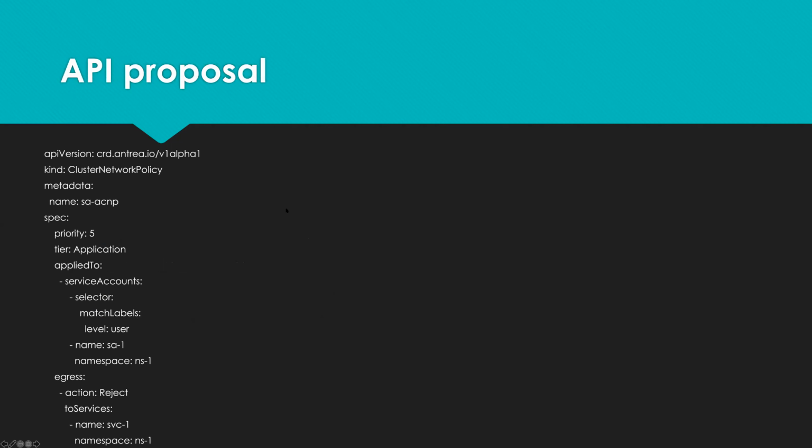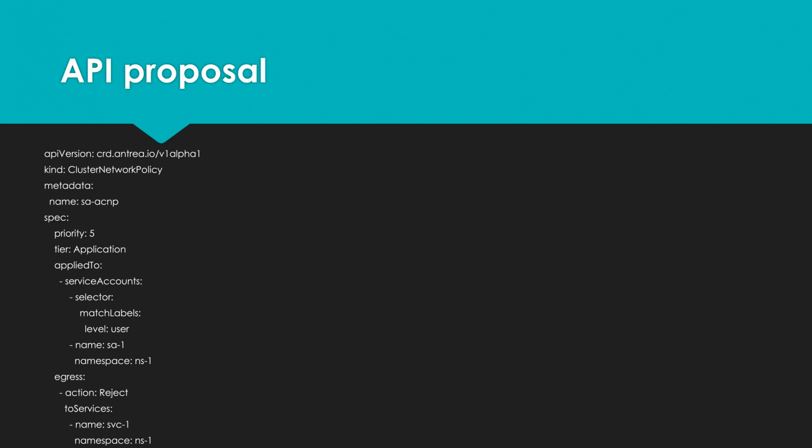Yeah, let's see the API. As you can see, the service accounts can be used in the apply to, and we also can use it as a peer in ingress or egress. But I just used the apply to as an example in this sample network policy.